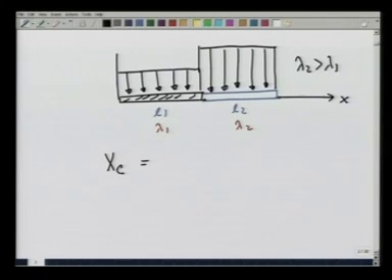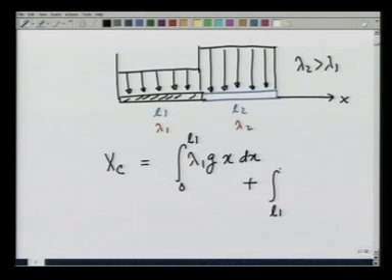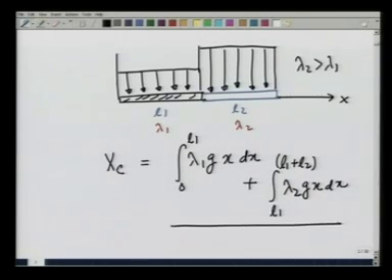So, this is going to be lambda 1 g, the load per unit length on the first part, times x dx integrated from 0 to L1, plus the integral from L1 to L1 plus L2 of lambda 2 g x dx, divided by the total area, which is going to be lambda 1 L1 plus lambda 2 L2 times g.